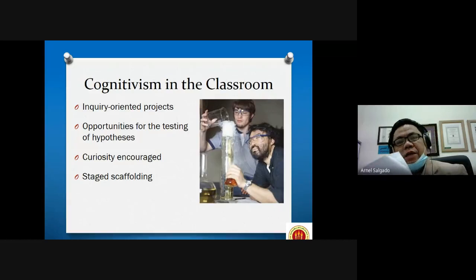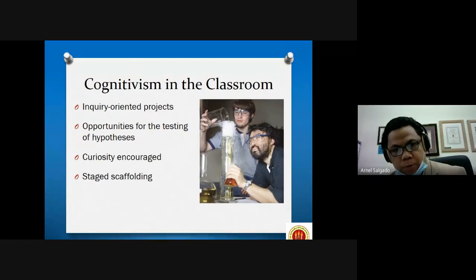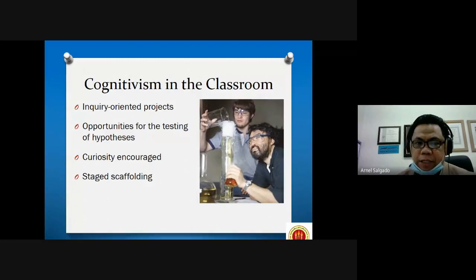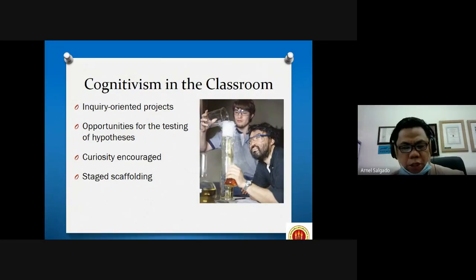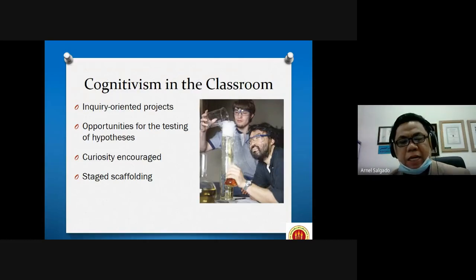Now, if you're going to apply cognitivism and CLT in the classroom, you will always be looking into inquiry-oriented projects. That means to say, let the students come out with their own conclusions based on the guidelines and the questions that you provide them.